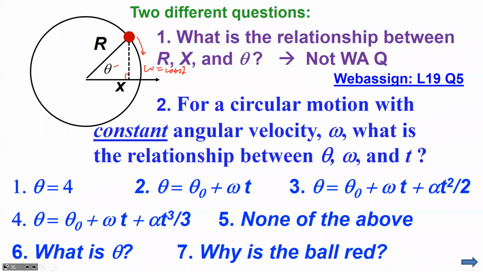So how do we relate these variables, theta and omega? This is a review, and this review comes from the material before exam number 2, right? So, what do you say?